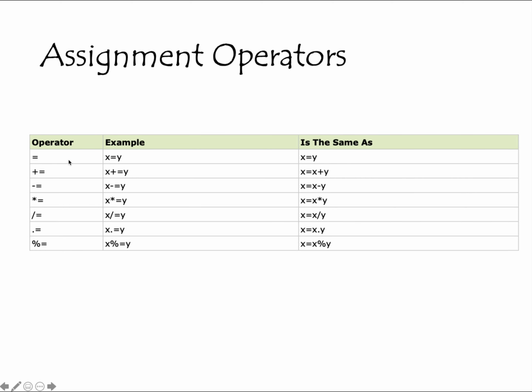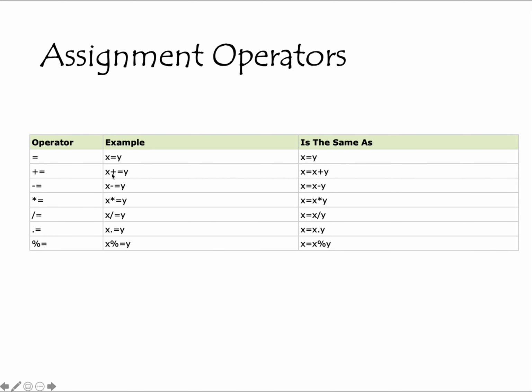Sometimes you can combine two operators, like plus equal sign, minus equal sign, multiplication equal, division equal, and concatenation can also be used with this, and modulus can be used with the equal sign as well. If you use this combined operator, the meaning is pretty straightforward. Although you write it like this, it's actually equivalent to this expression.